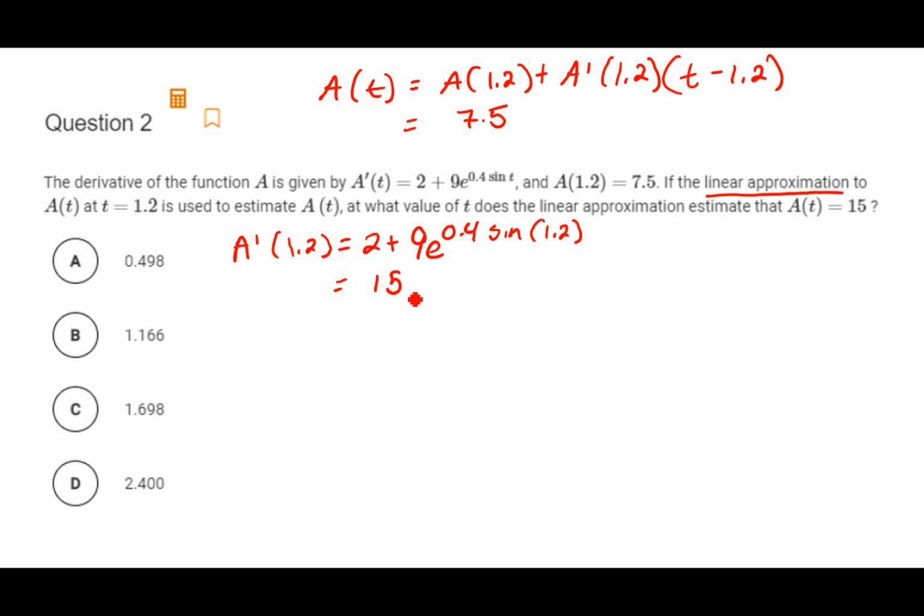Work that all out, I end up with 15.06635. So this is plus 15.06635, and then t minus 1.2.